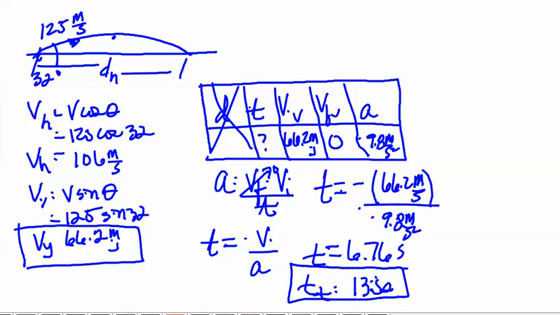So now that we've got the whole flight time, we can now find the displacement traveled. So the horizontal velocity is equal to the horizontal displacement divided by time.